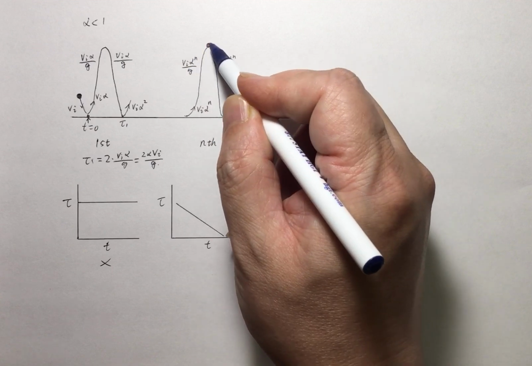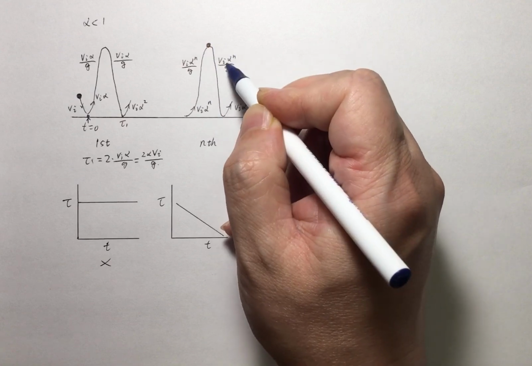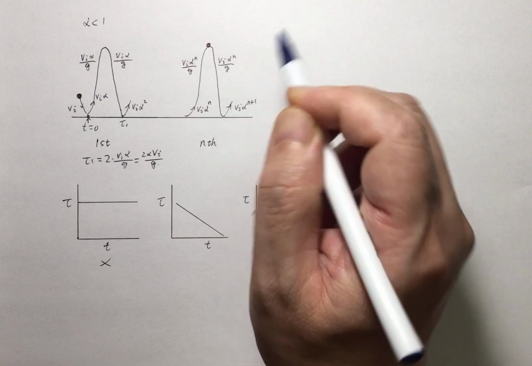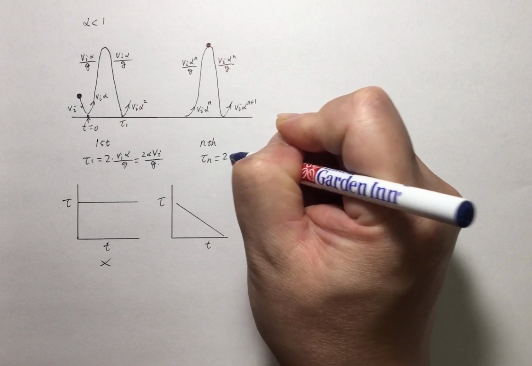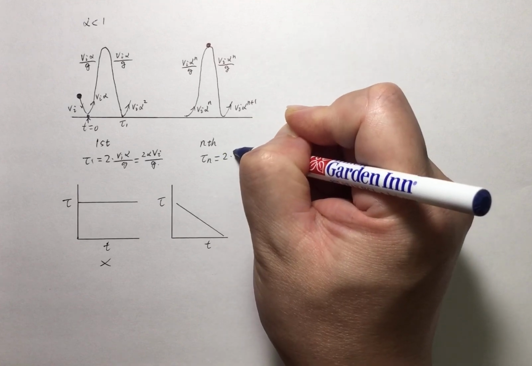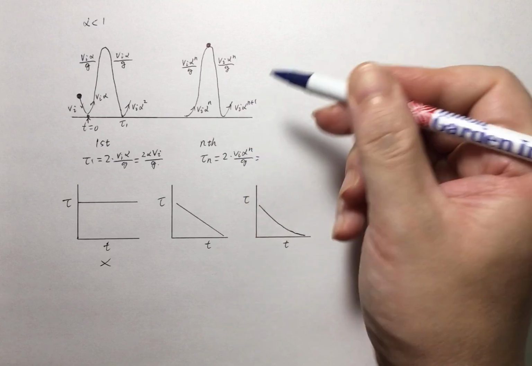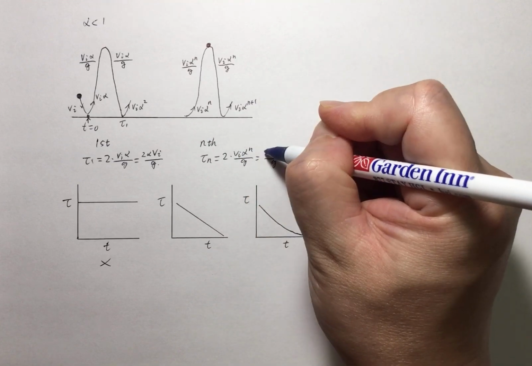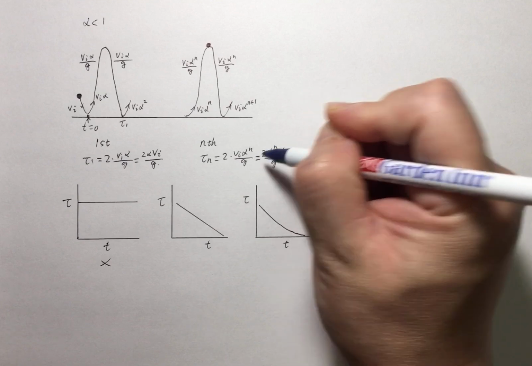The time from this highest point to the ground will be another vi alpha^n over g. So tau n is 2 vi alpha^n over g, or 2 alpha^n vi over g.